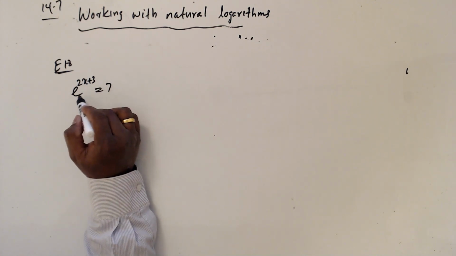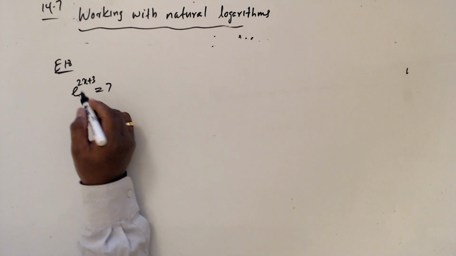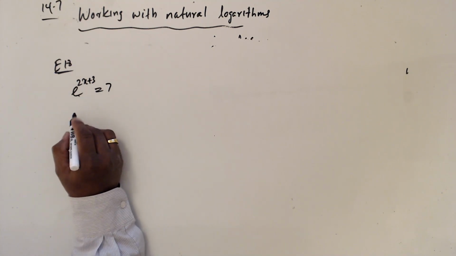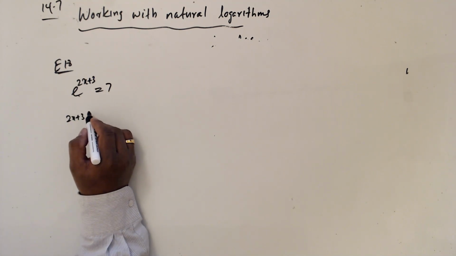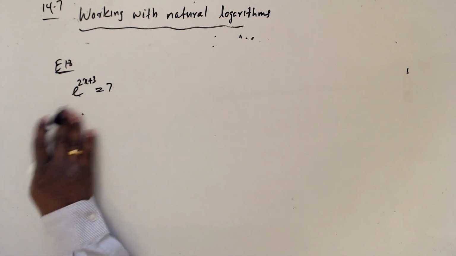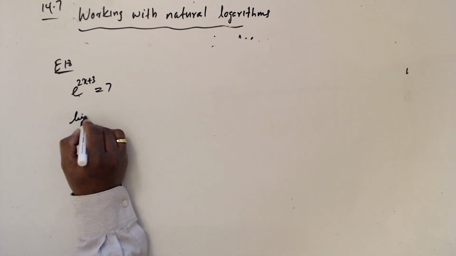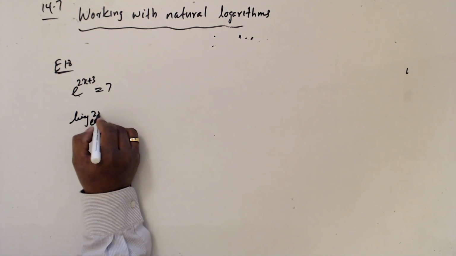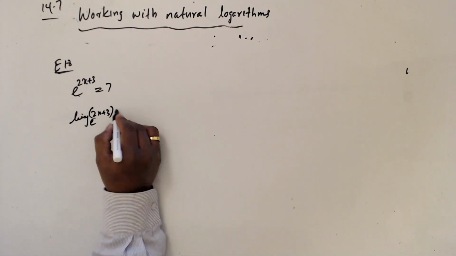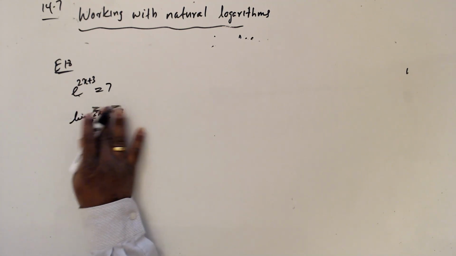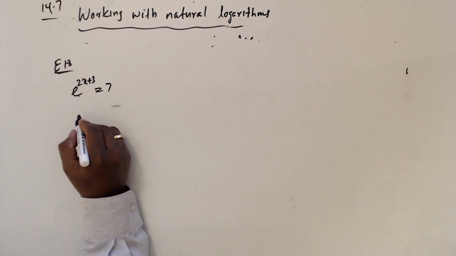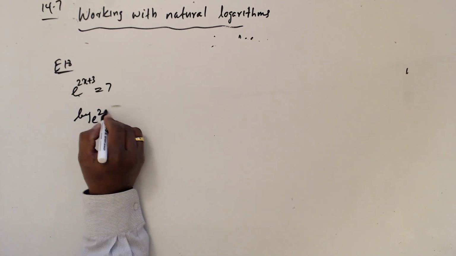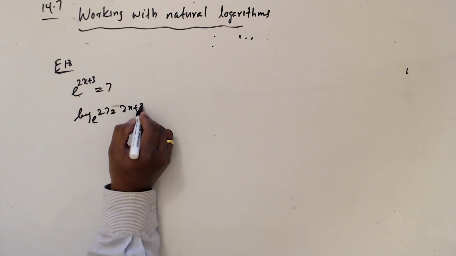The base is e, so we can write log base e of 7 equals 2x plus 3.